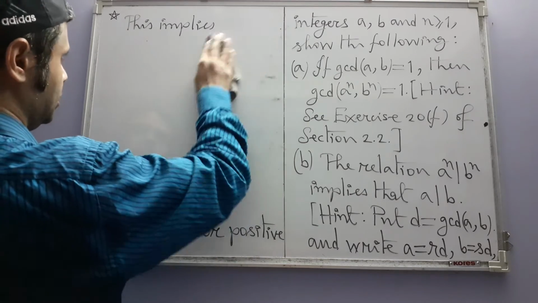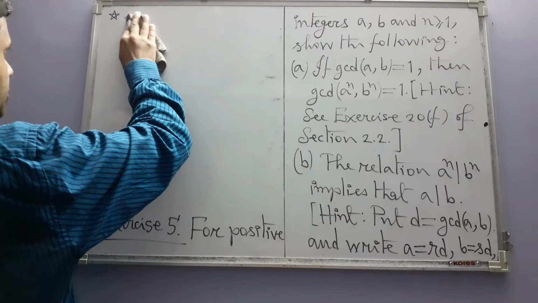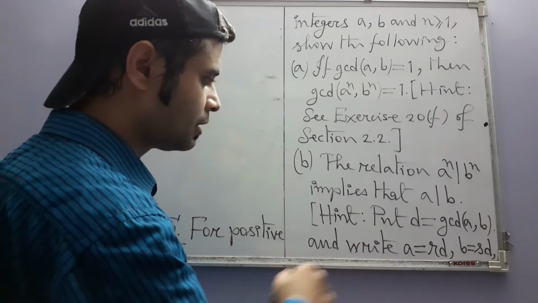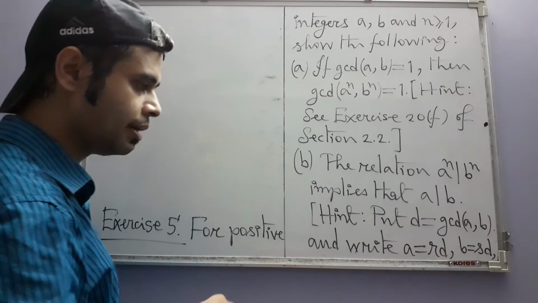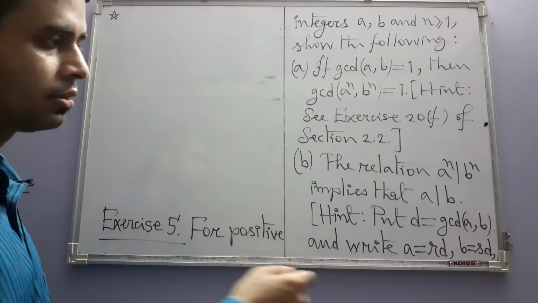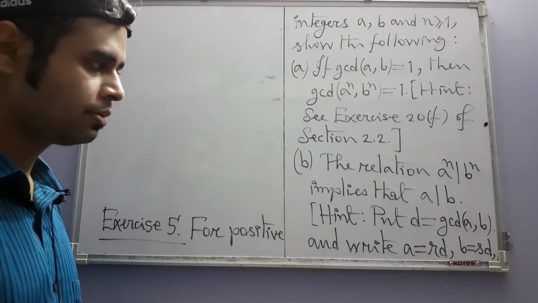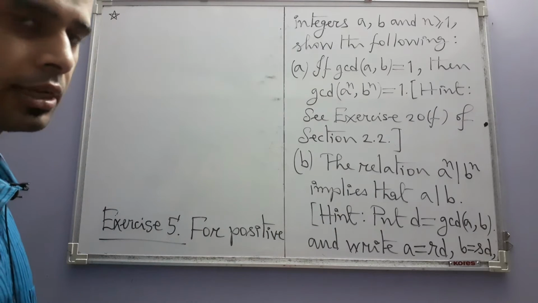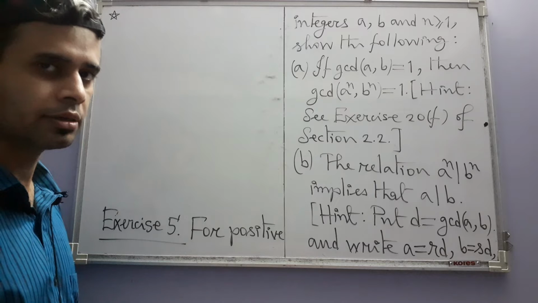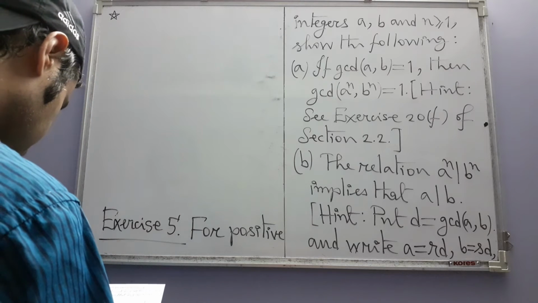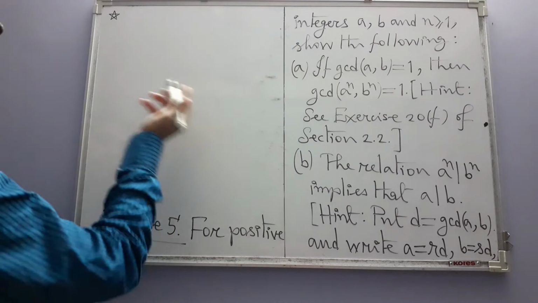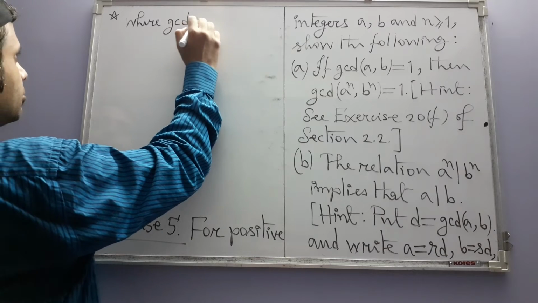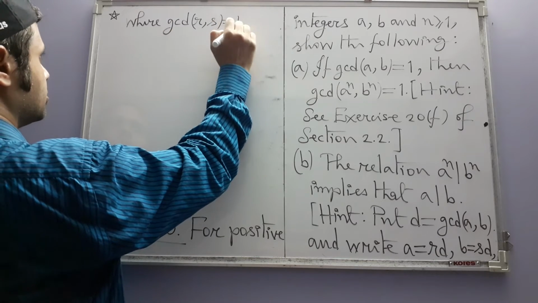More simply put, A and B are any two integers and their GCD is D. Now if you take D out of A and B, then whatever is left, R and S, they will be relatively prime because you are robbing A and B of common factors other than 1. So whatever is left, they are going to be relatively prime. Where GCD of R and S is equal to 1.